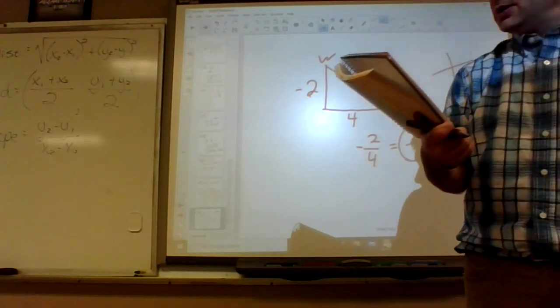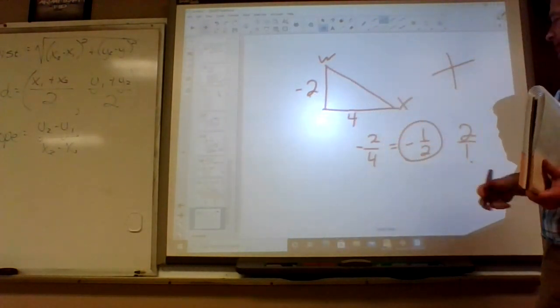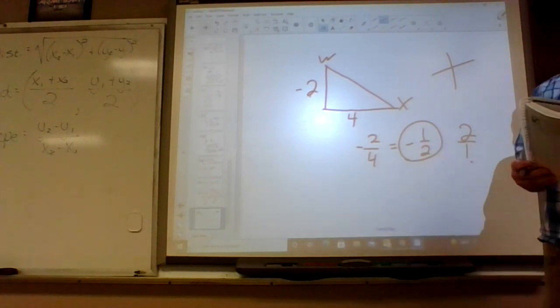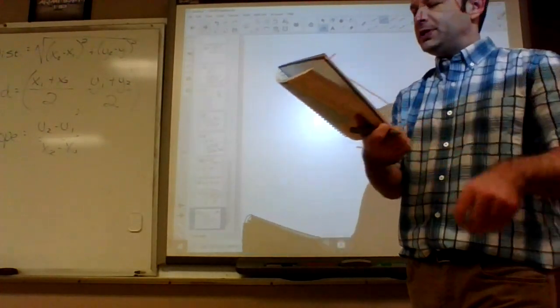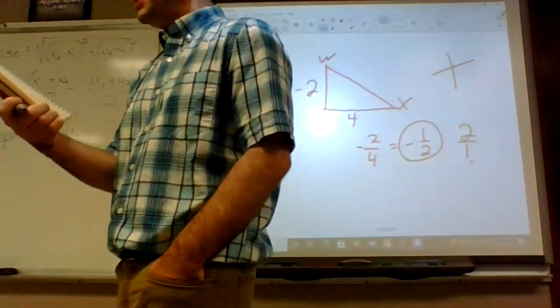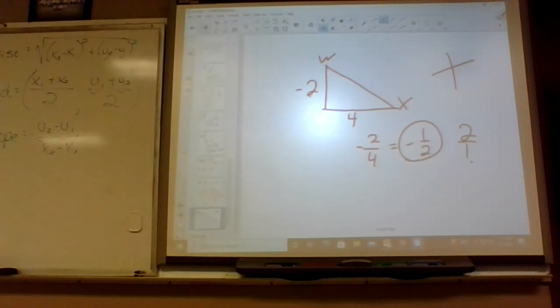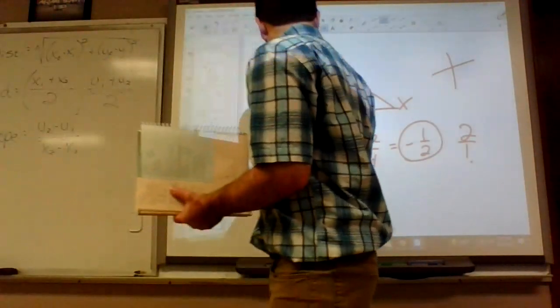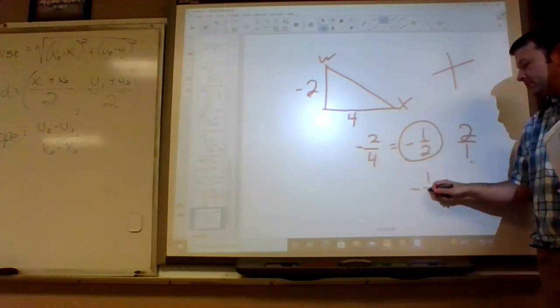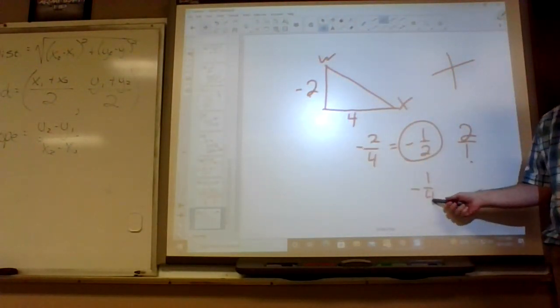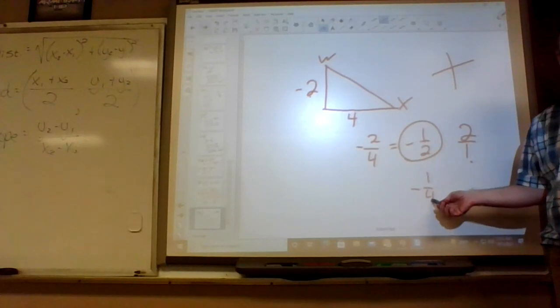Okay, WX, we just figured out its slope was negative 1/2. What is the slope of ZY? What is the rise from Z to Y? 1/4, except it's negative 1/4. Is that the same as this slope? No.